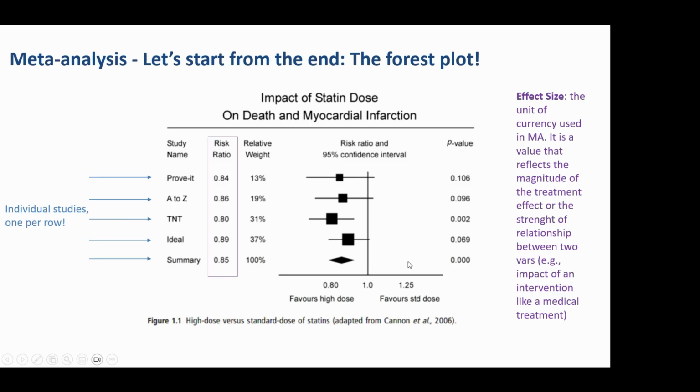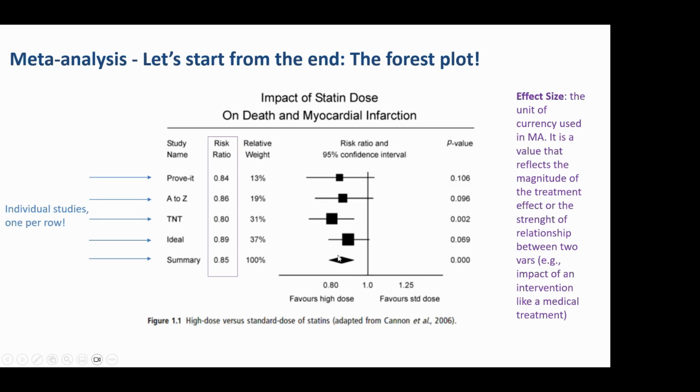The diamond shape below is the pooled effect. So this is centered on the pooled effect of these 4 studies. In this case, the result is around here, which is, I don't know, 0.85, probably the final risk ratio. And the two lateral points of this diamond are the lower and upper estimates, so the confidence interval at the 95% level.